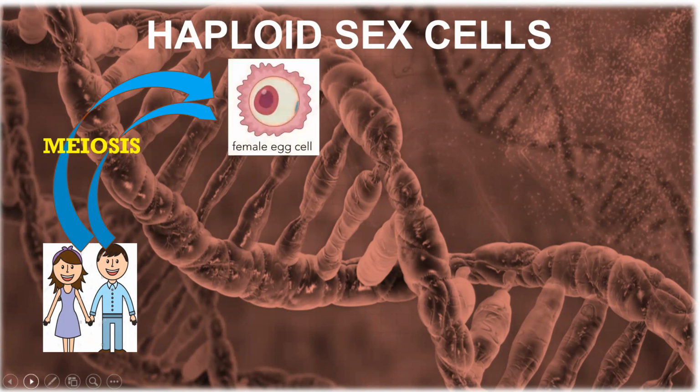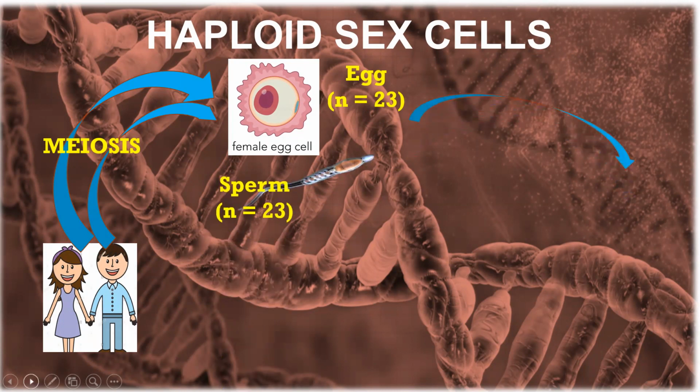The gametes from the female are the egg cell of the mother, where egg n equals 23 chromosomes, and sperm from the father, sperm n equals 23. So when you combine the egg and the sperm, they are called gametes.